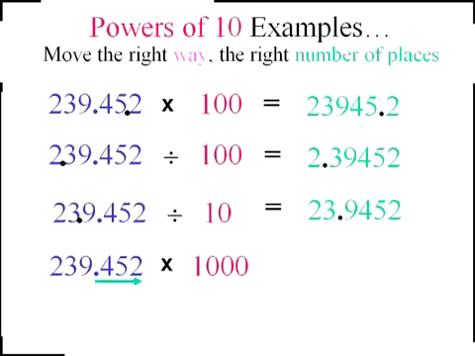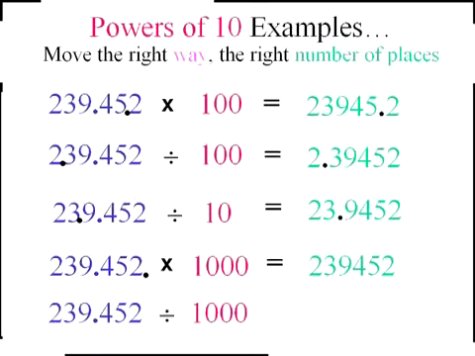Now if we move all the way over to the right, we're going to have a whole number, and we usually don't write the decimal point for a whole number. So just write it like that. In this case, we're going to move over to the left because we have division, and our answer will be a very small number. It's very simple, isn't it?